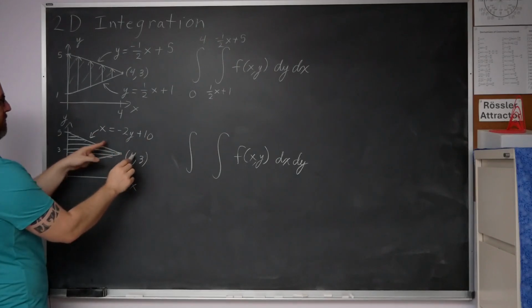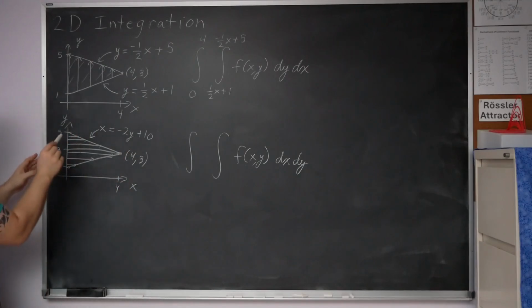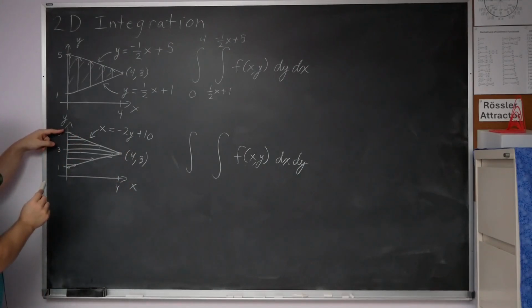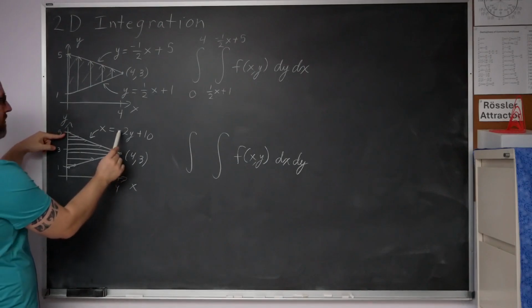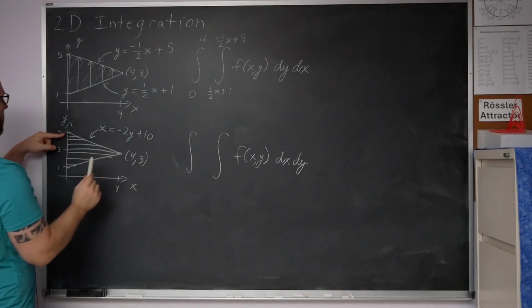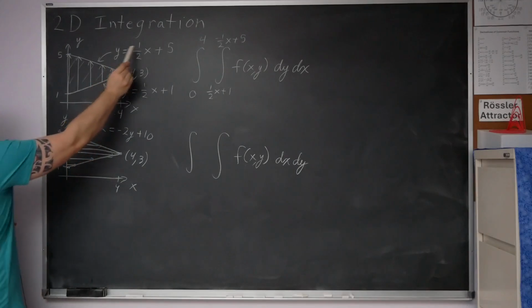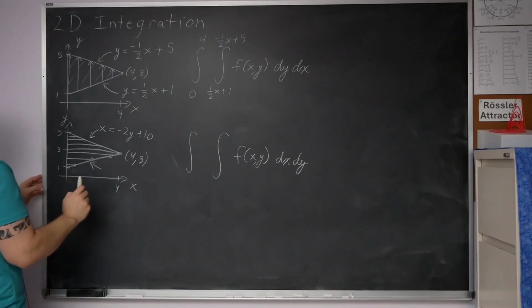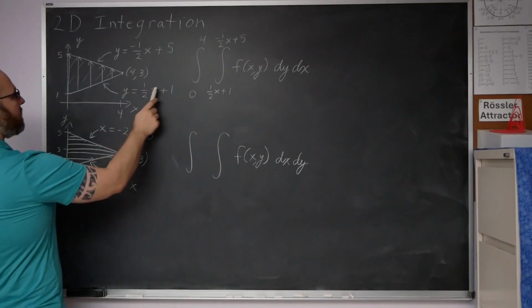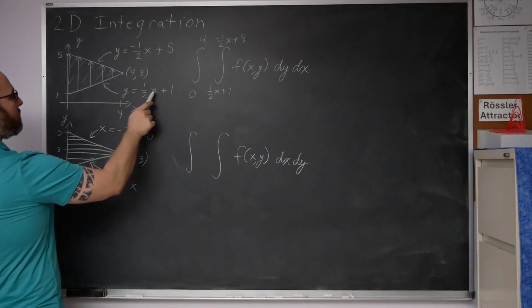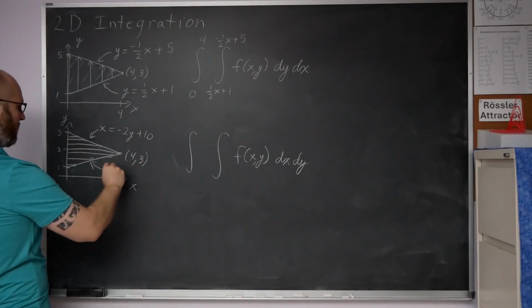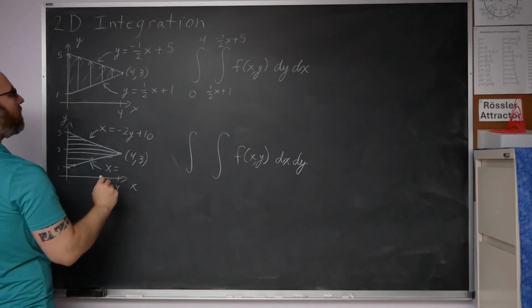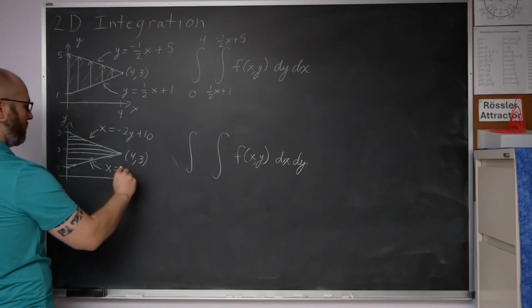Negative 6 plus 10 is positive 4. It looks like I did that right. If y is 5, then x should be 0. Negative 2 times 5 plus 10 is 0. So it looks like I inverted this line correctly. Then here, let's do that again. If I subtract the 1 and multiply by 2, I get x equals 2y minus 2.